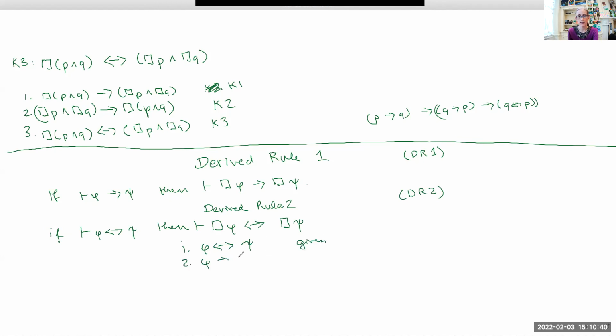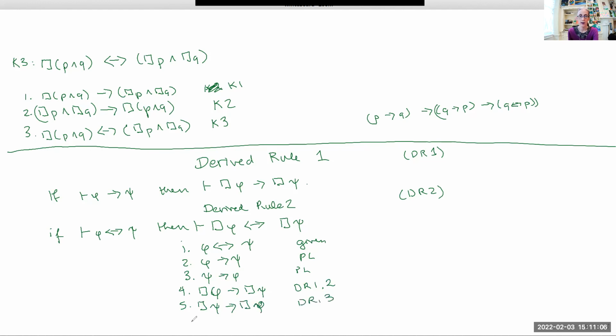Well, we know that this is the same as having the conditional in one direction and the conditional in the other direction. But derived rule 1 says that we can put boxes on the front of both of these. So derived rule 1 applied to line 2, and then derived rule 1 applied, there we go, that's a phi, to line 3.